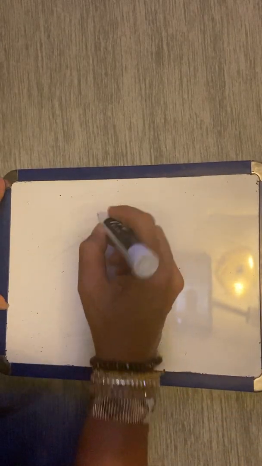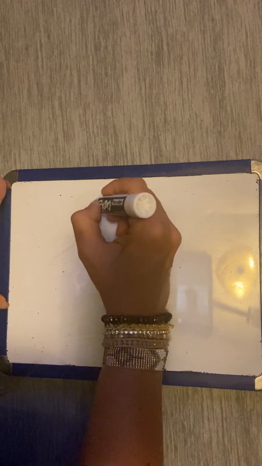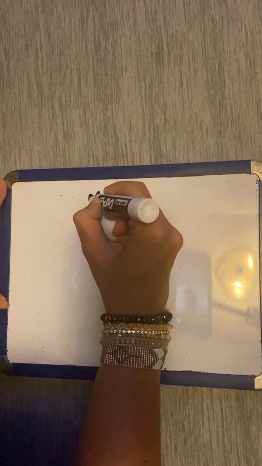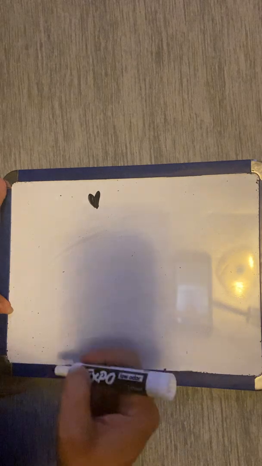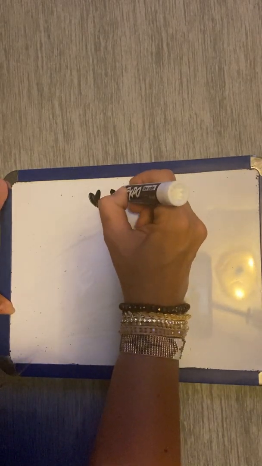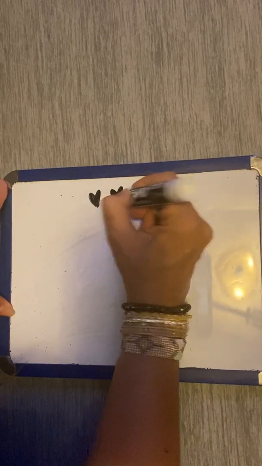So let me show you an example of what you're going to see today on your paper. So on your sheet today, you're going to see 2 pictures. So for this one, let's use hearts. Okay, there's a heart, and there's a heart.